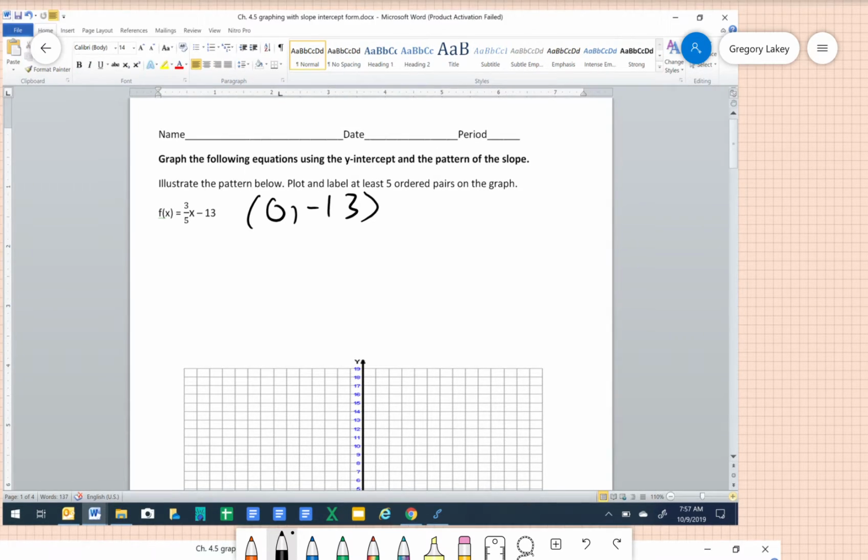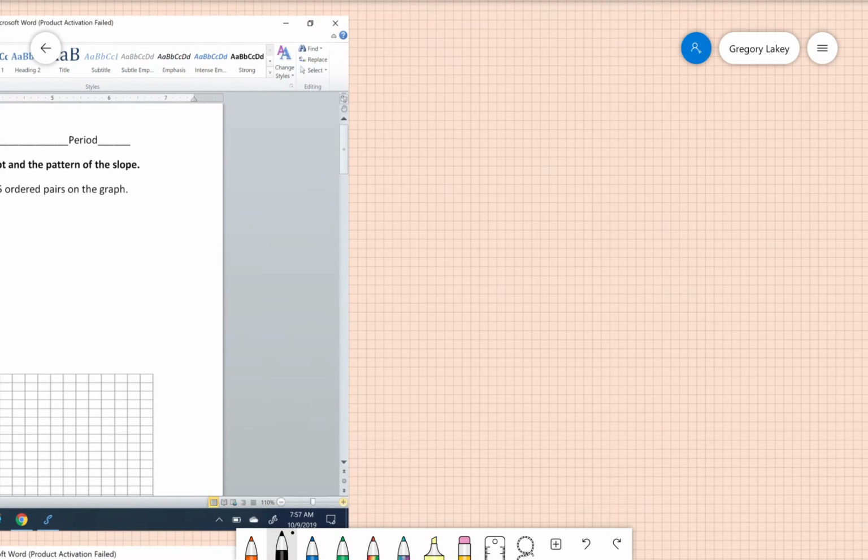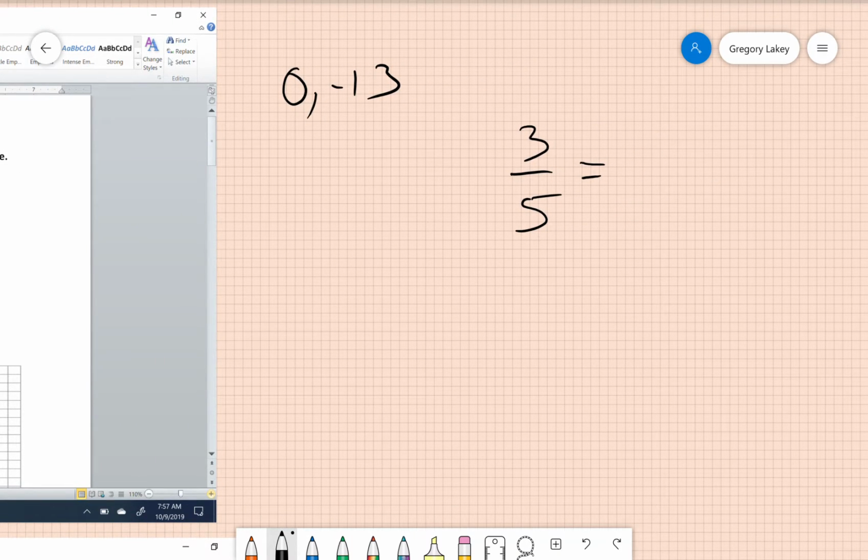But now what I want to do is take that ordered pair, and then off to the side I'm going to write the slope, which is 3/5. Slope is rise over run, right? So let's write that down, rise over run.